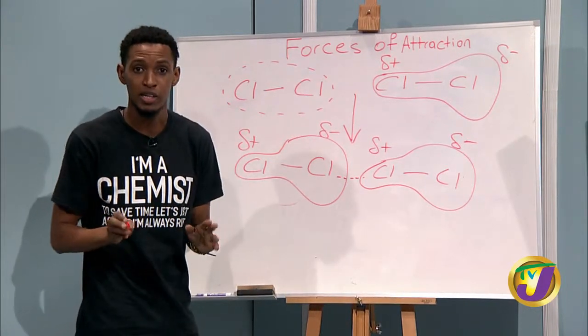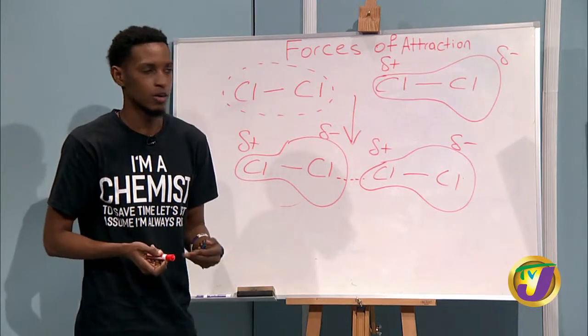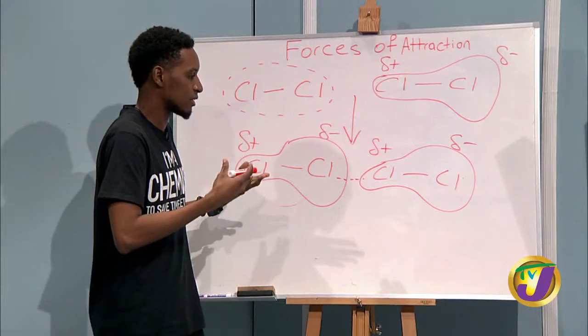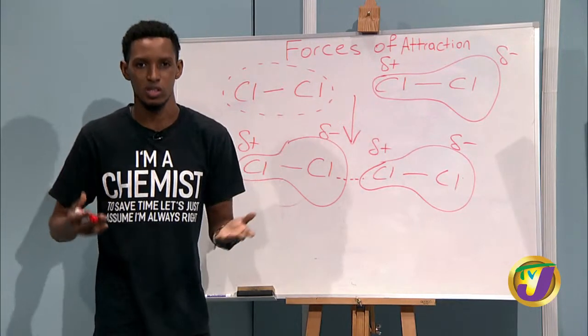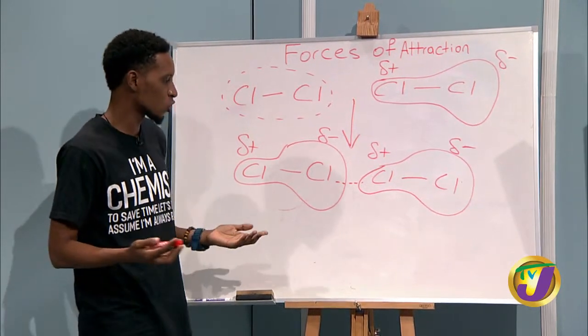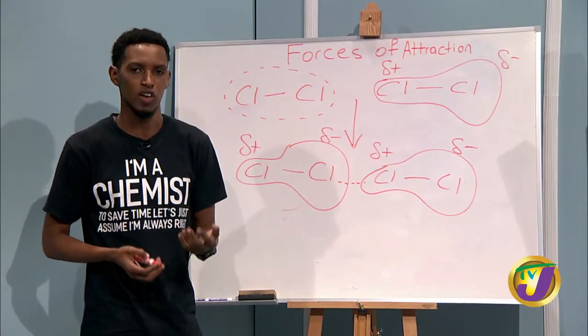It's not permanent, so it's not as strong as a hydrogen bond or the permanent dipole in HCl. It's just that this molecule induced the other molecule to develop a dipole. So it's a very weak interaction, and it breaks down over distance.